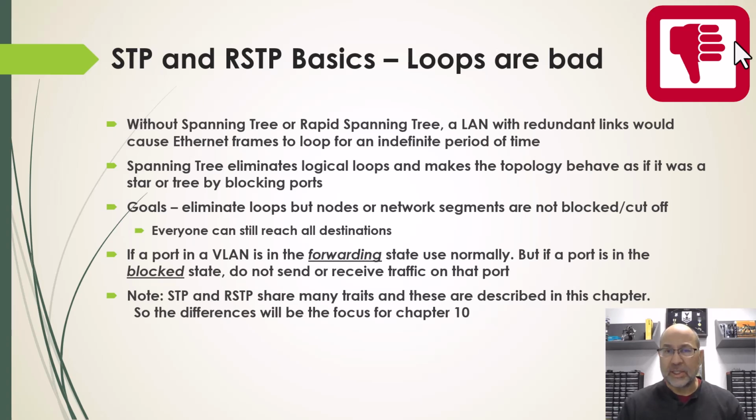So we could easily say, well, we're talking about switches or bridges that are involved in spanning tree, but really we're talking about VLANs that are involved in spanning tree. And spoiler alert, every VLAN can have its own instance of the protocol running, which can really confuse things, but we'll work our way through it.